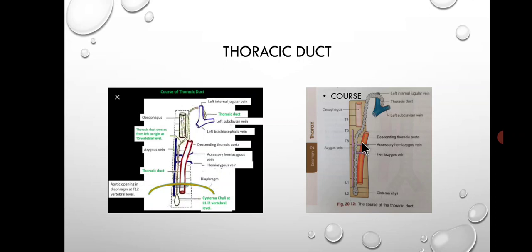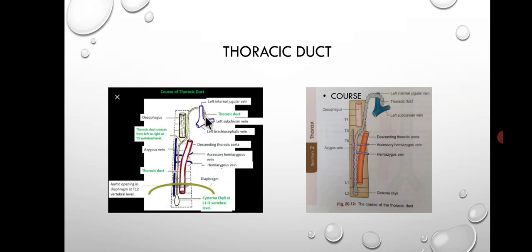Then at the level of T4, the thoracic duct travels from the right side to the left side, and now it is coming into the superior mediastinum.